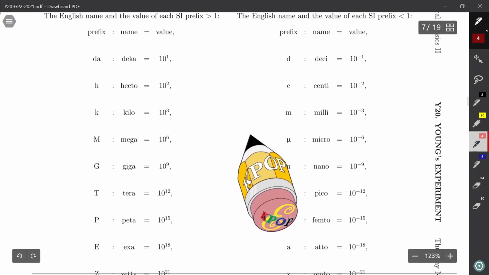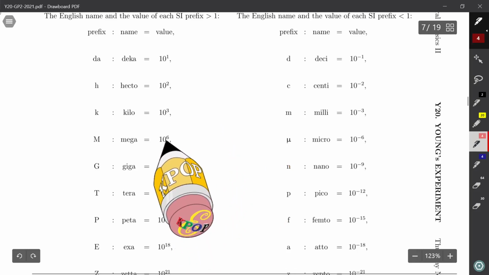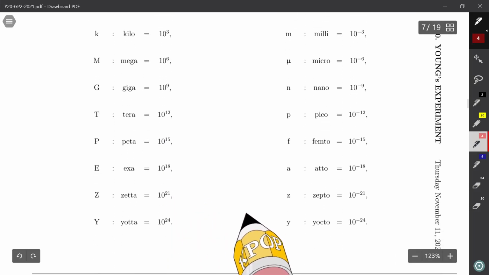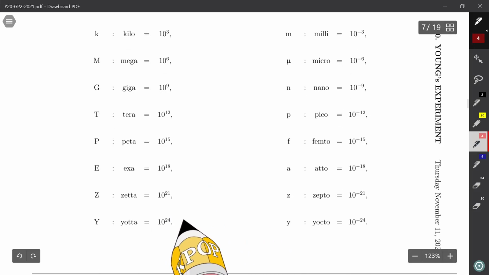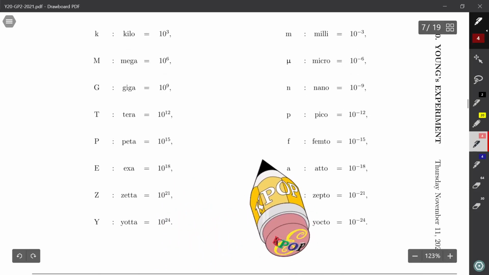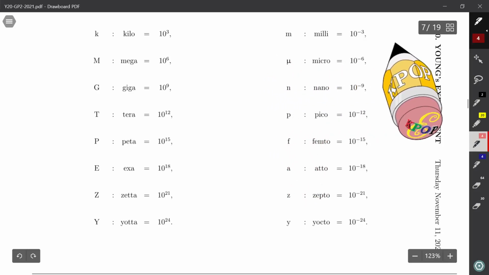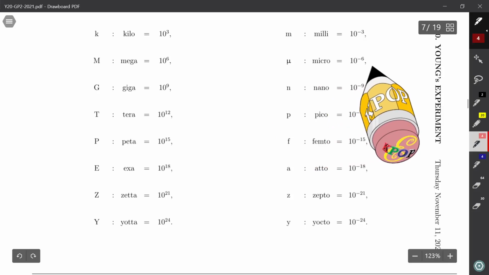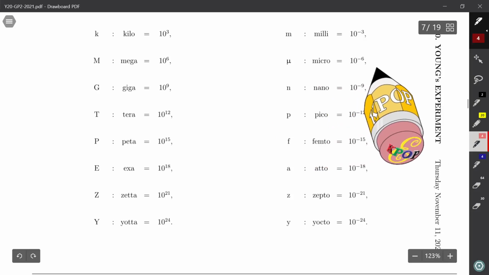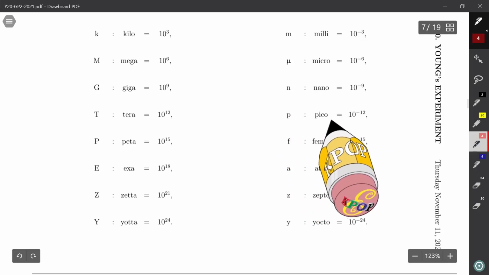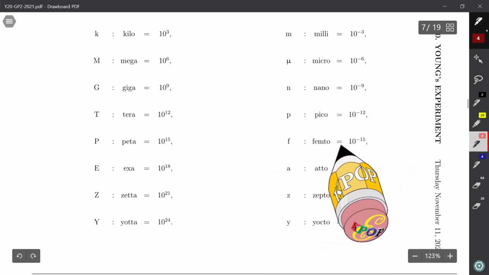We are familiar with large numbers: mega, giga, tera, peta, exa, zetta, yotta, and small numbers: milli, 10 to the minus 3, micro, one millionth, and nano, one billionth, pico, one trillionth, and so on.